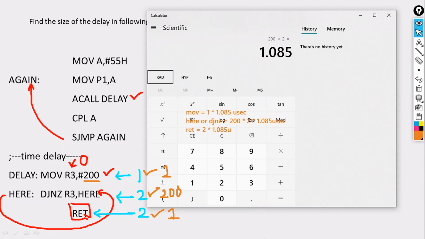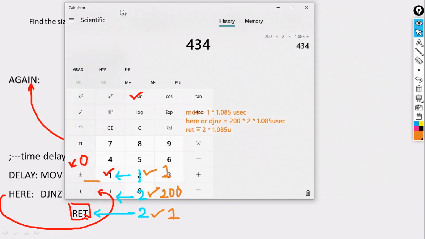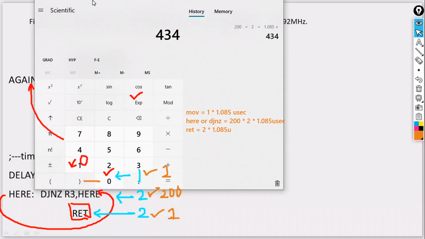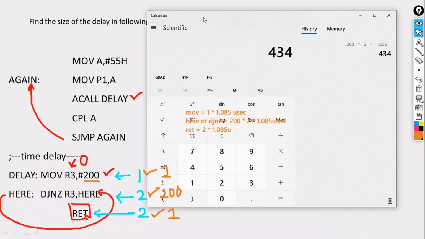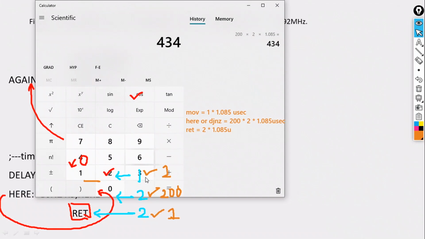So I'll be ending up with 434 microseconds. Okay, so this is going to be 434 microseconds. Next is 1.085 into 2, and this is going to be 2.17.